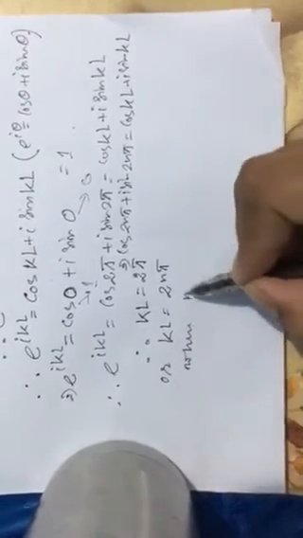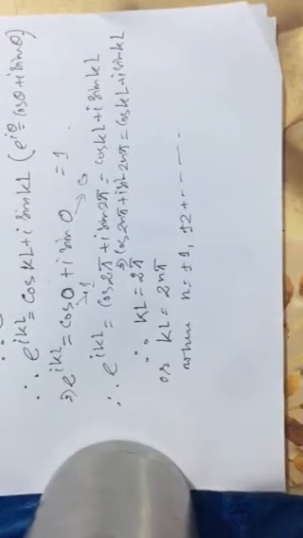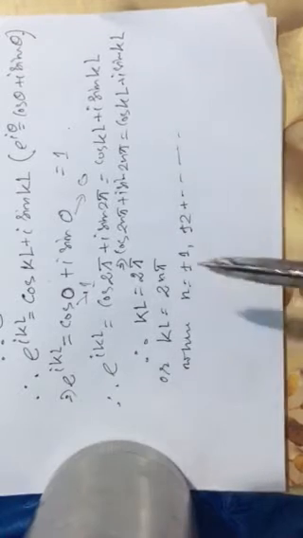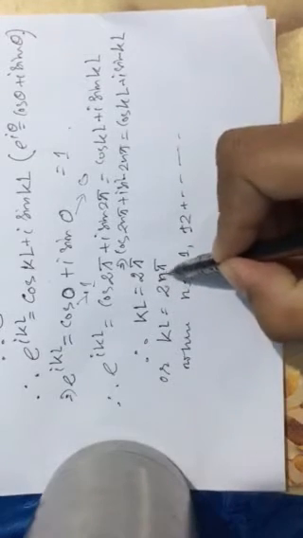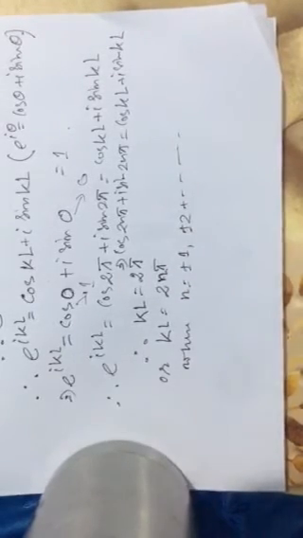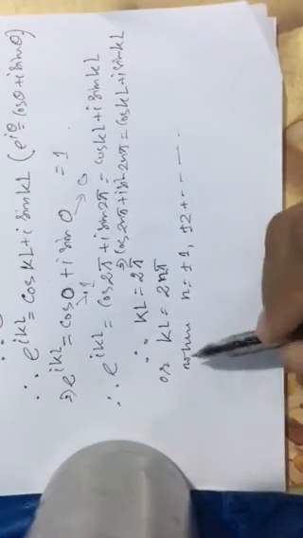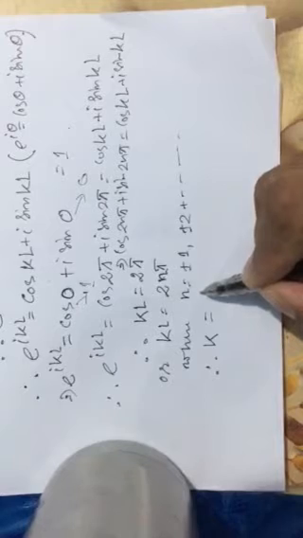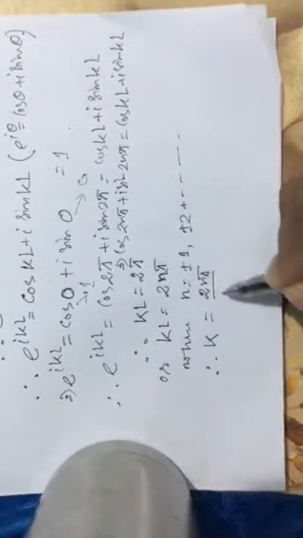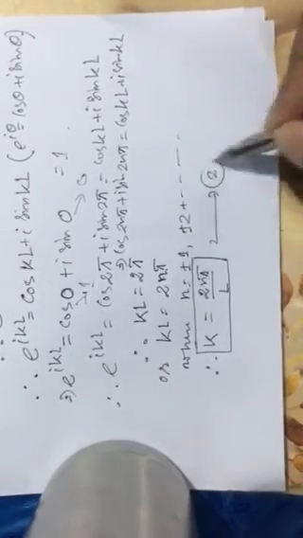This is what we get, where n equals plus minus 1, plus minus 2, and so on. So this n is an integer, and previously we considered one N, that N is the number of unit cells, so these are two different. Therefore k is equal to 2n pi by L, right? Let's give this equation 2.